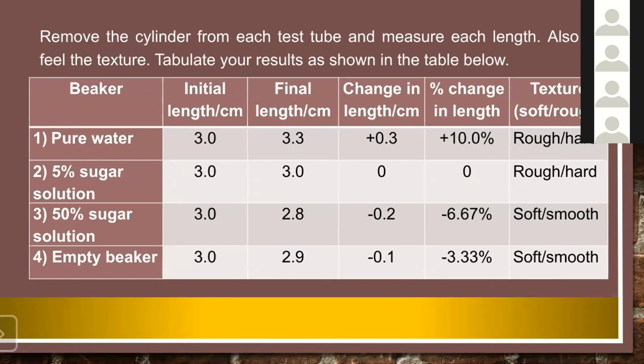Those are the two terms I'm using. The tissue appears flabby, feels smooth and soft. When it gains water, it is hard and rough. So remember those two descriptions: rough and hard for where it has gained water, soft and smooth where it has lost water.